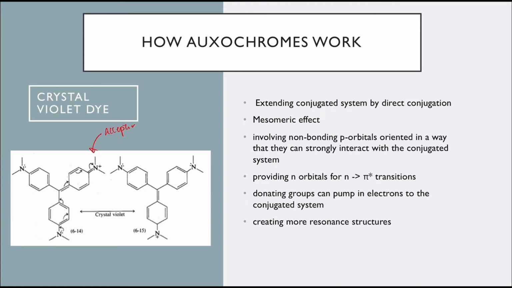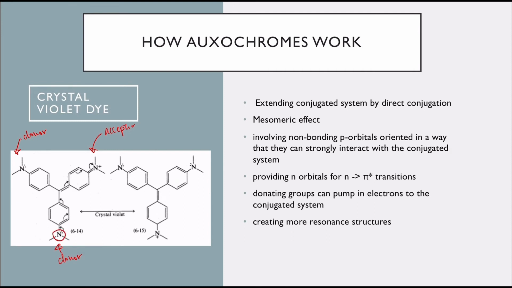Another concept, the mesomeric effect, will be involved here, so let me briefly introduce it. It occurs when pi electrons move away or towards a substituent group in a conjugated system. In this case, the mesomeric effect occurs. As a result, the donating group pumps electrons into the conjugated system. Another way of looking at this is to notice that the nitrogen in this amine group has a lone pair of electrons.